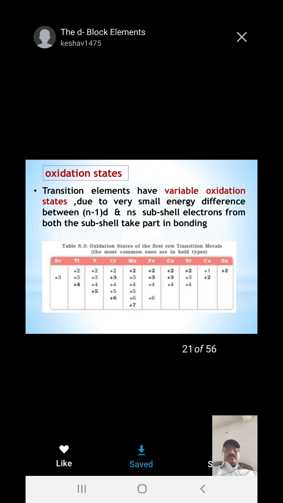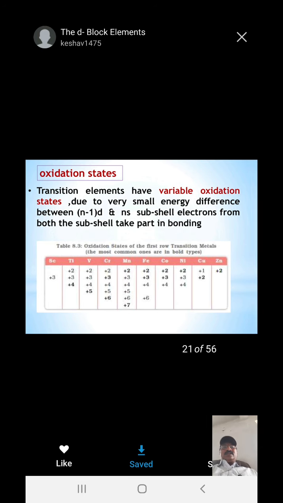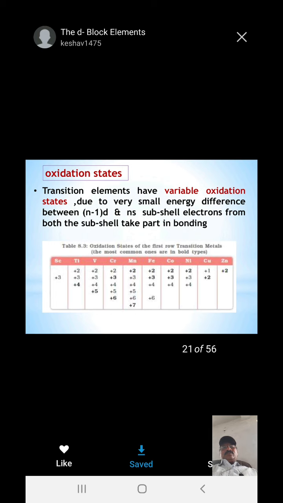Now it is very, very important. Oxidation states. Transition elements have variable oxidation states. Actually, other elements show one or two oxidation states, but here the d-block elements show variable oxidation states, due to the very small energy difference between the 3d and 4s orbitals.